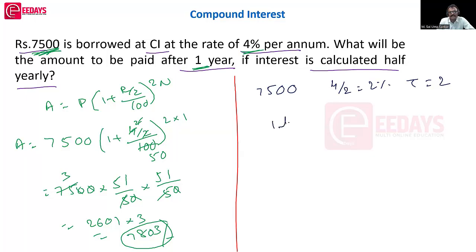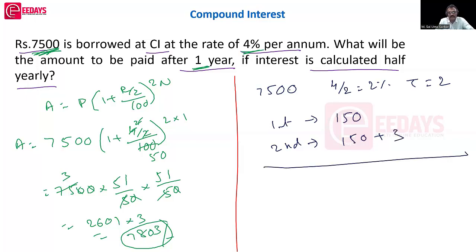Now, first one, 7,500. 1% is equal to how much? 75 rupees. 2% is equal to how much? That is equal to 150 or not. Now, second term, this is equal to 150 plus 1% is equal to 1.5, 2% is equal to 3 rupees or not.